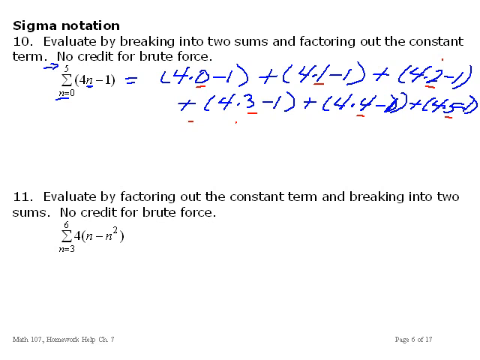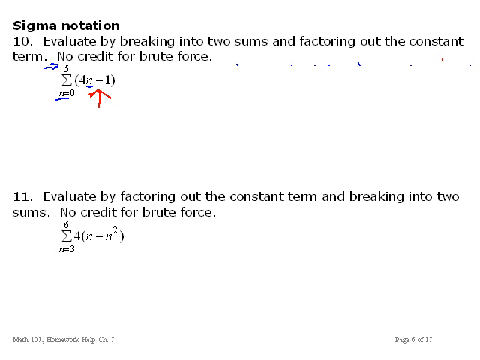But there's a different way to do the problem, and that's to remember that sigma breaks at the plus and minus signs, and then coefficients, if they multiply everything, can come out in front. So let's do it that way. Okay, sigma breaks at a plus and minus sign.